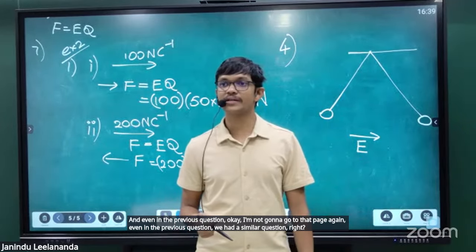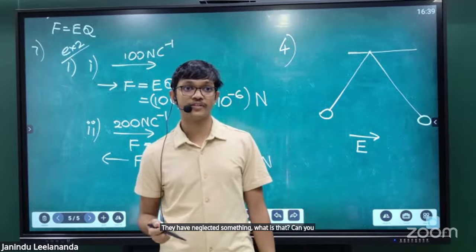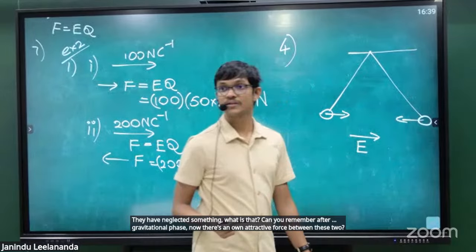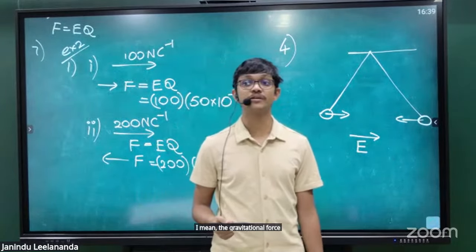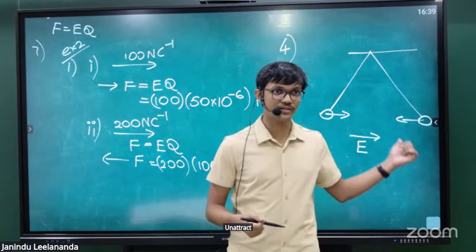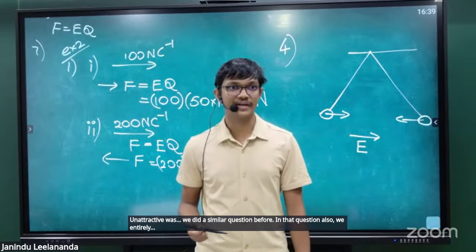There we neglected something. What is that? Can you remember after doing gravitational fields, now there's a own attractive force between these two? I mean the gravitational force G capital M simple M over R squared. Own attractive force, we did a similar question before. In that question also, we entirely neglected that, right?